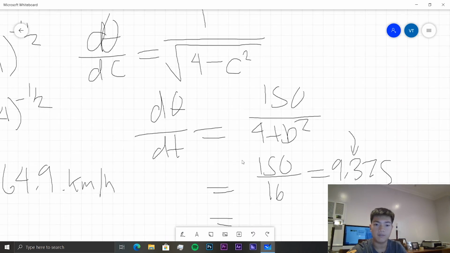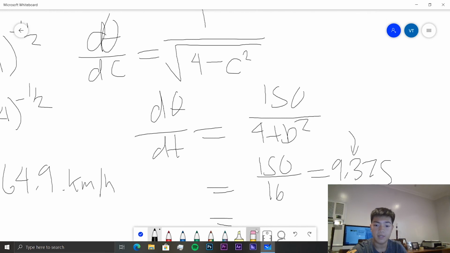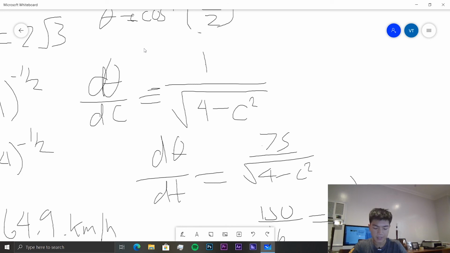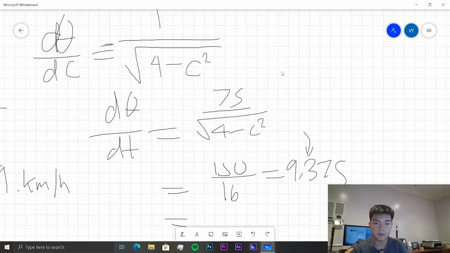So we get from here, this should be 75 over 4 minus c squared. Is this minus c squared or plus c squared? It might be 75 over root 20 if we take the opposite distance, since, yeah, I guess it would be 75 over root 20.